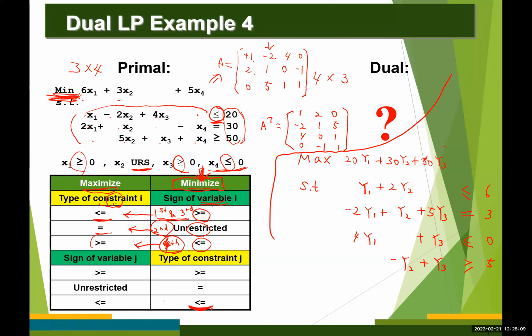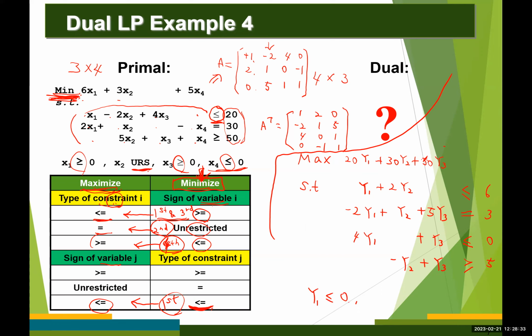This implies that in the maximization problem, the first variable must have a less than or equal sign. So y1 must be less than or equal to 0.